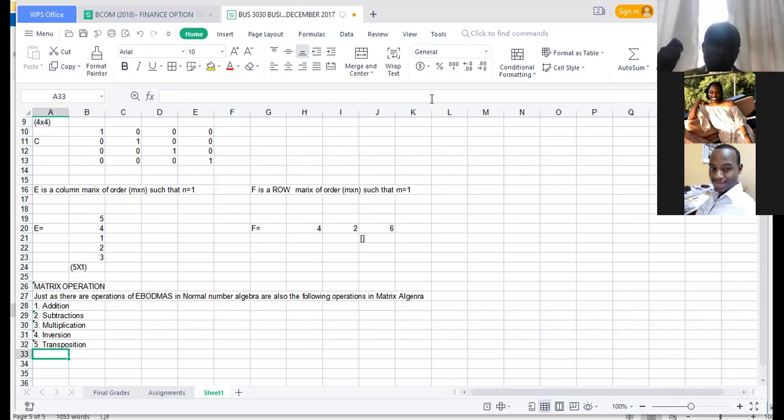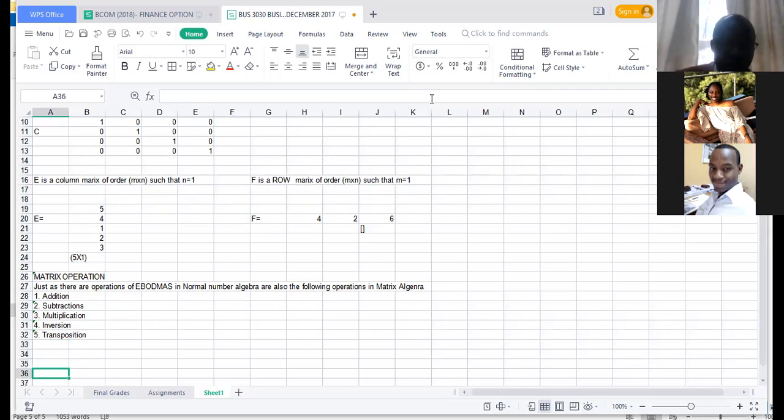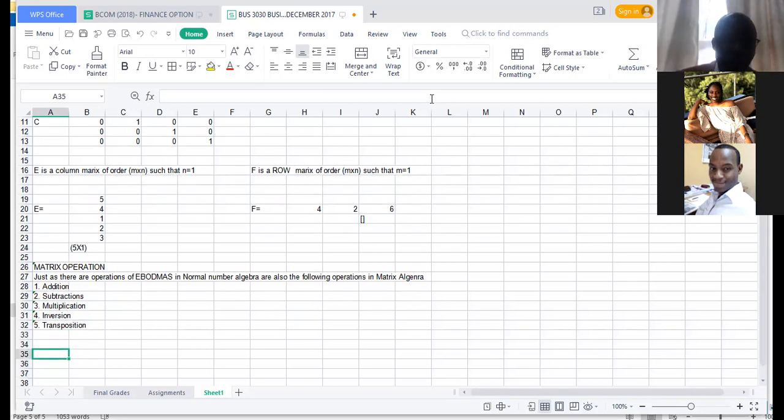So those are the five operations you have in matrix algebra. And those are the operations we are going to deal with now, but through an example. So now let's start with the first one, addition. Then you will go back to your slide and review addition. So how do you add matrices?